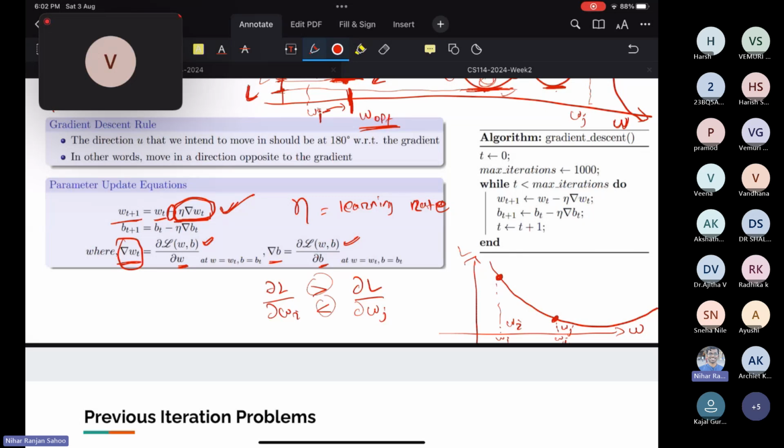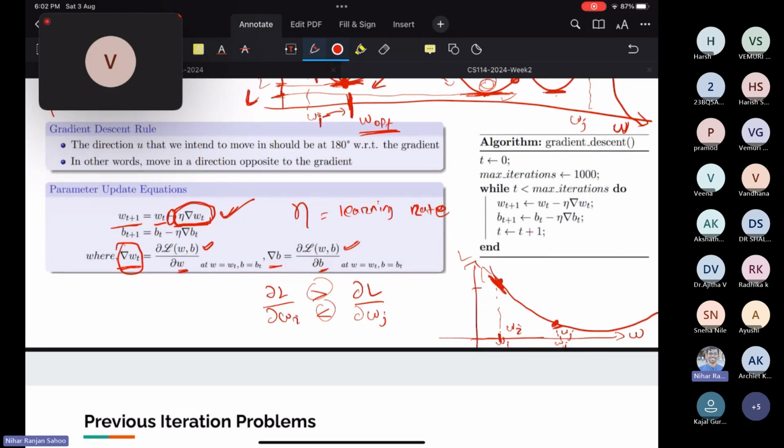Because the slope, the inclination, is higher here. With a small change in W on the x-axis, there will be a large change in L here, as compared to how much change in L happens with a small change in W here. You can take any curve like this and check the value yourself.